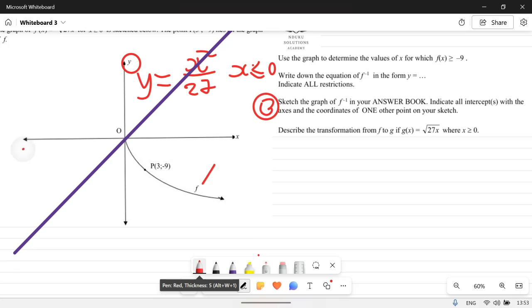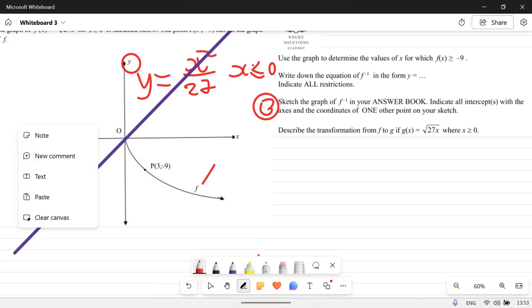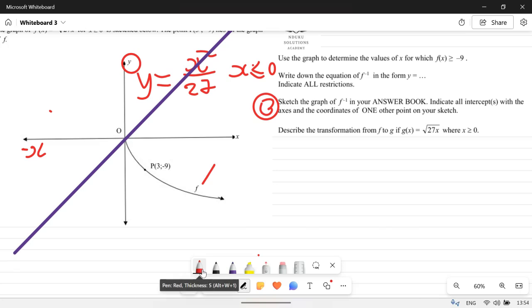So this will be our negative x this side and our positive y this side. So our graph is going to be there. When you look at the initial curve, it is curving away from the negative x-axis. Do you see that? So it means the inverse must be true.